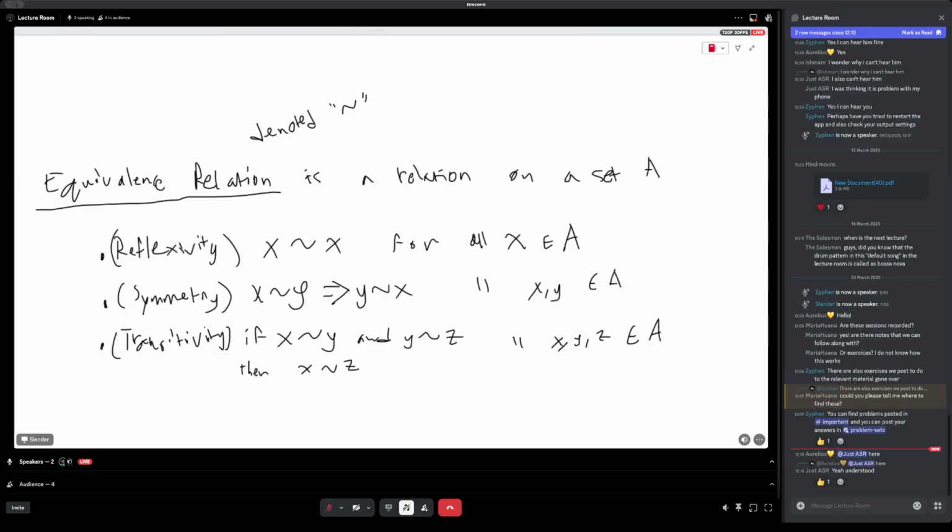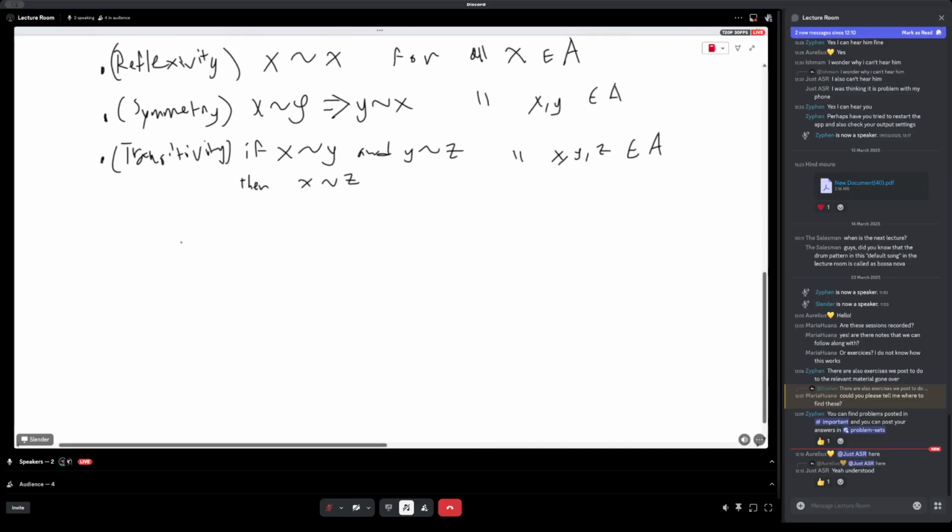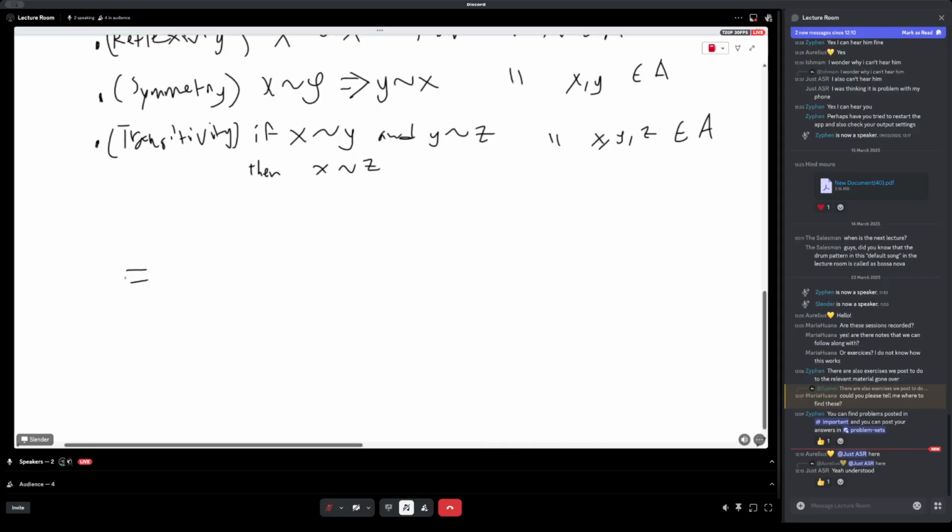A very simple example is the equality relation, which is denoted by the equal sign, as we all know, on the set of real numbers R. So the equality on the set of real numbers is an equivalence relation.